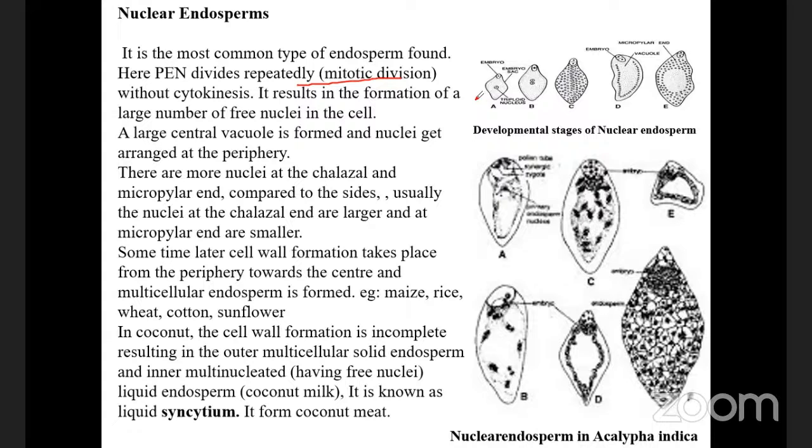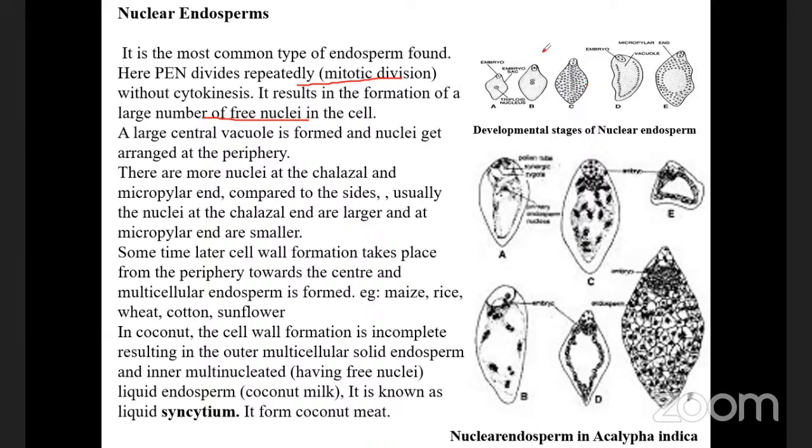Here, without cytokinesis, only karyokinesis takes place. Nuclear division takes place, but no cellular division. So all the nuclei spread in the embryo sac. There are many free nuclei in the cell. That's why we call it nuclear endosperm.